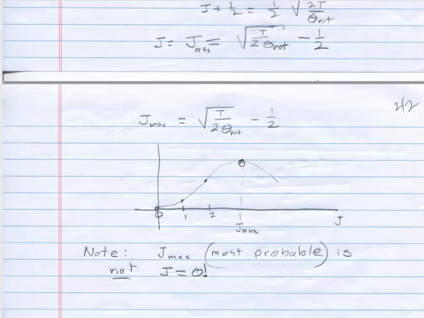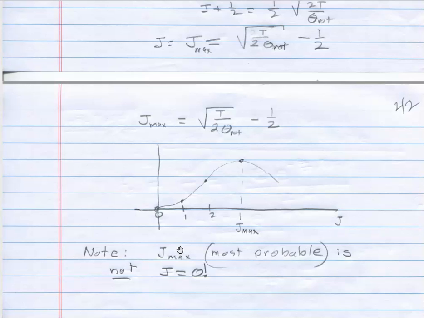And that's surprising because generally nature is such that it likes to be at minimum energy, and the minimum energy occurs at J equals 0. So you might expect they're all going to pile into the lowest energy state.